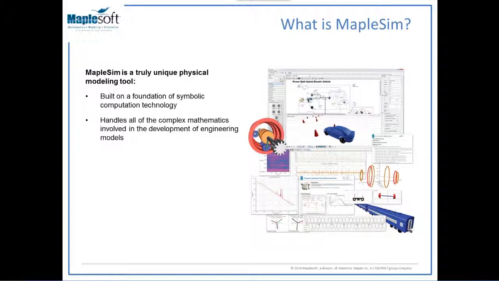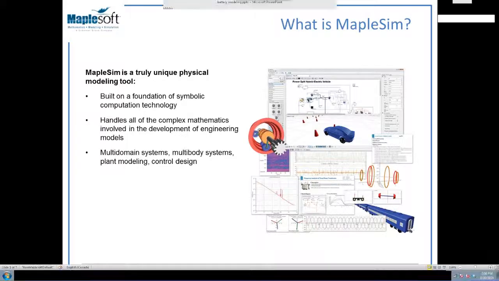The symbolic engine of Maple allows MapleSim to handle the complex mathematics in engineering models, and it also allows MapleSim to handle multi-domain systems. For example, in one single model, you can have components from the electrical domain, mechanical domain, and hydraulic domain and simulate all of them together. So let me go to MapleSim now.